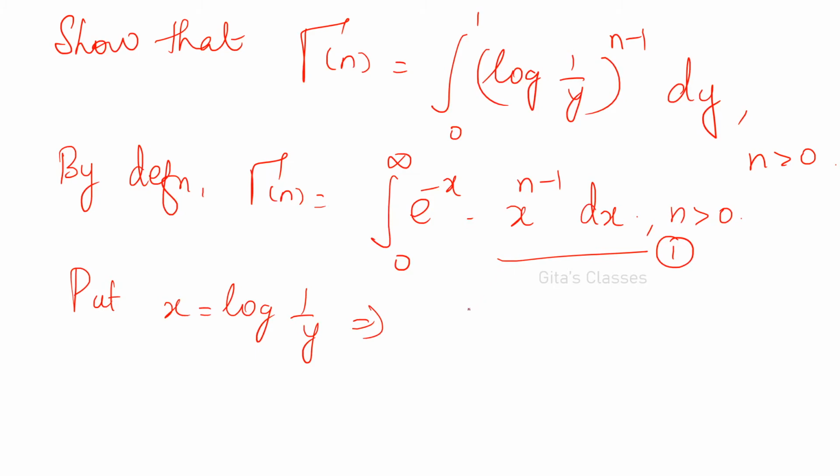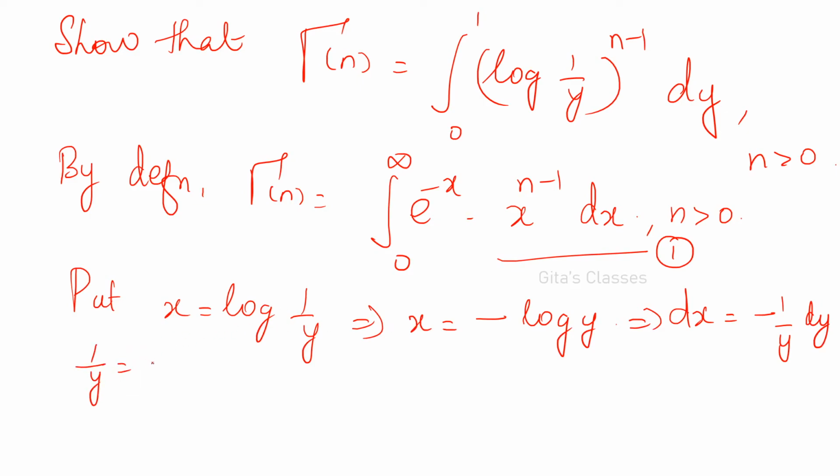This implies x is equal to, you can write minus log y also, which implies dx is equal to minus 1 by y dy. This is our dx. Now, what is y? If you substitute x is equal to log of 1 by y, 1 by y is equal to e power x, or you can write y is equal to e power minus x, right?